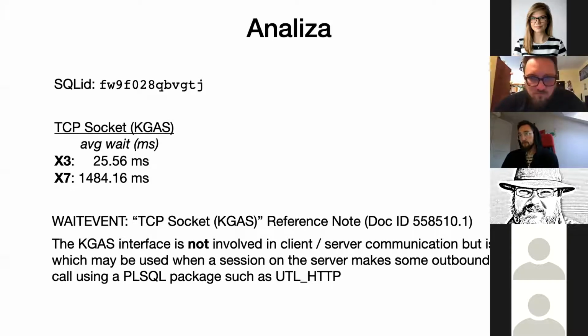So that was really strange. To be precise, we have to explain what TCP socket KGAS is, because as you can see, this is not a type of wait event connected with client-server communication, but a kind of wait event which appears when the database is calling some external resource via the UTL_HTTP package. Whenever the database is calling an external service using that package, you will receive this wait event, TCP socket KGAS, until that call ends.